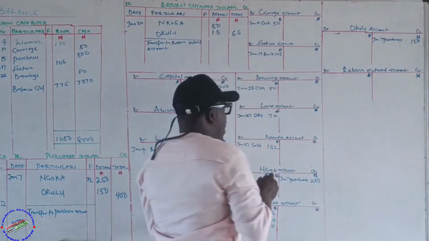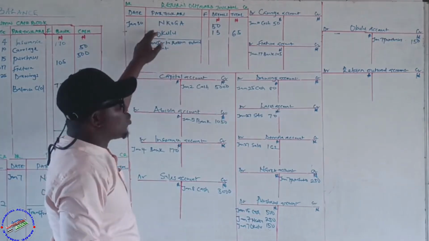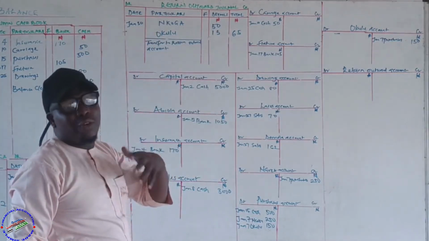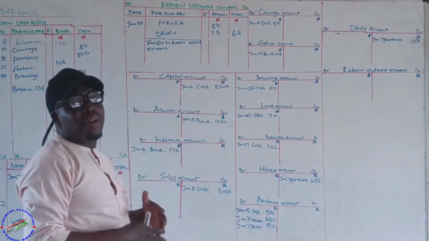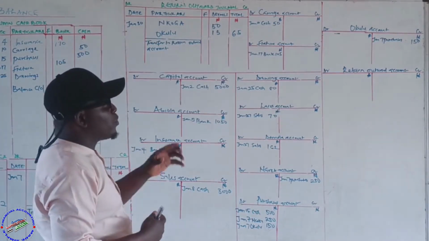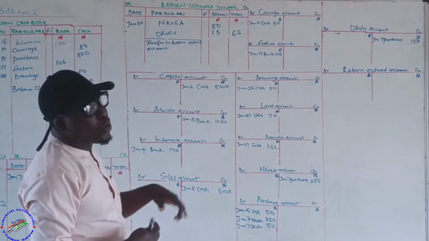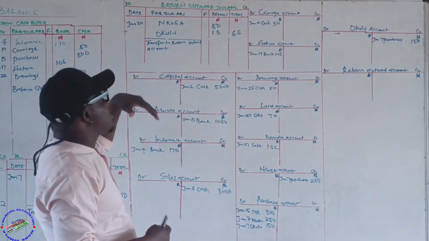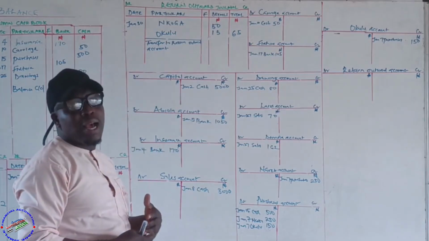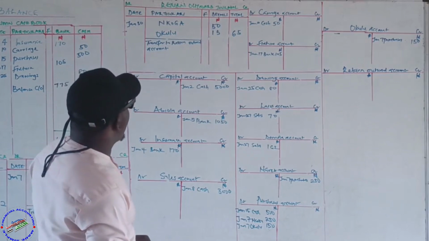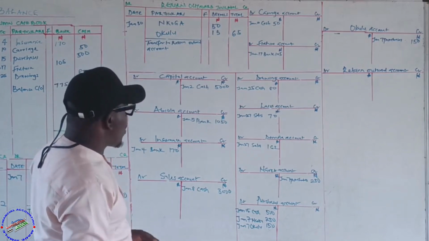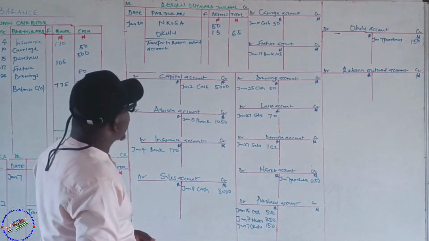The goods that we bought from Ngoka and Okolo, part of those goods were returned. The rule is that we credit the return outward account and debit the individual's account. So here, we are going to have Ngoka account debited.